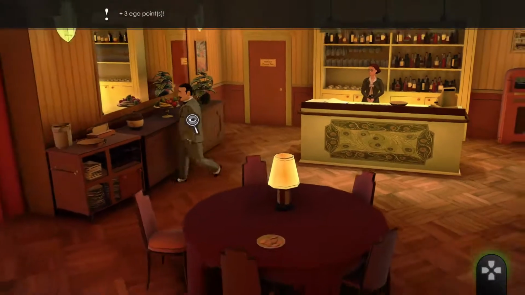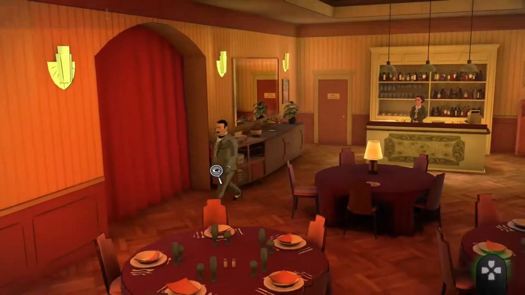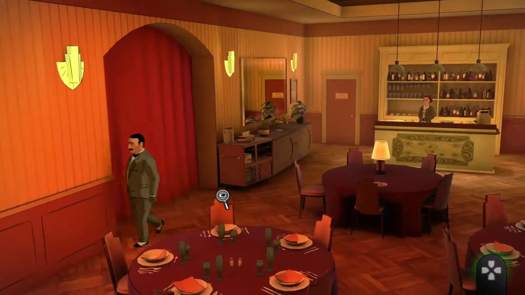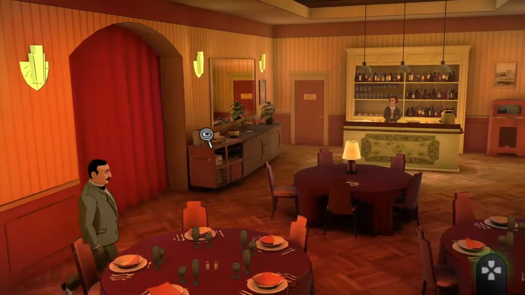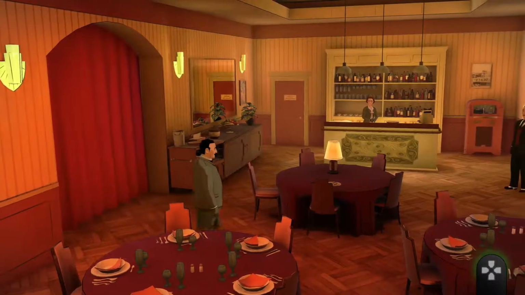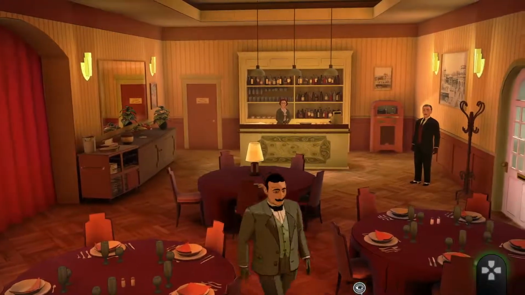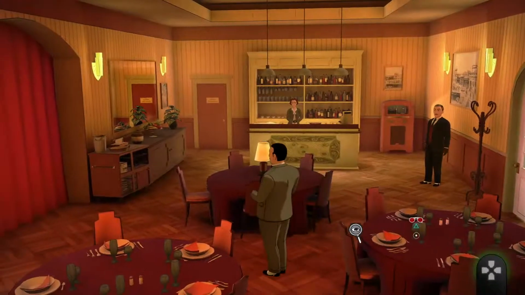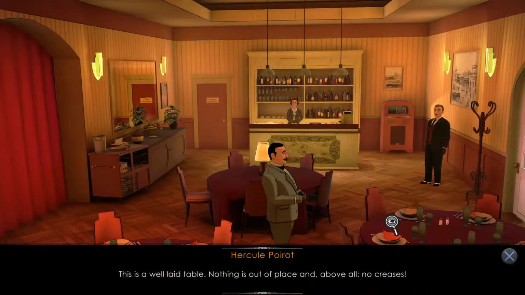I like how I get ego points for looking in the mirror. Oh, what is this? This is a well-laid table. Nothing is out of place, and above all, no creases.